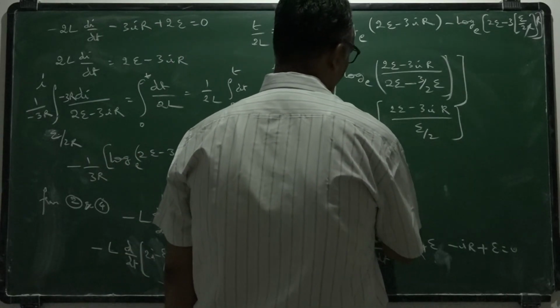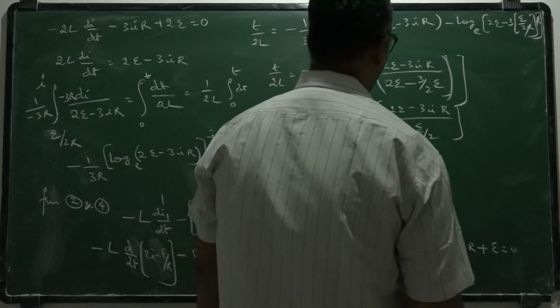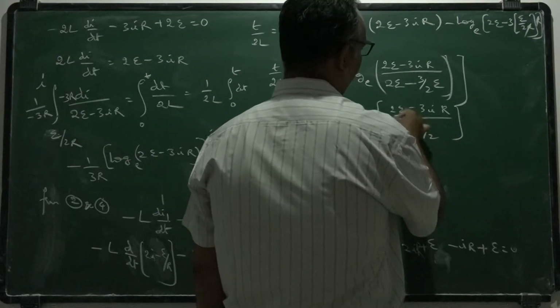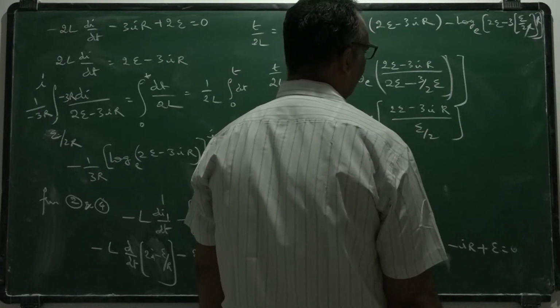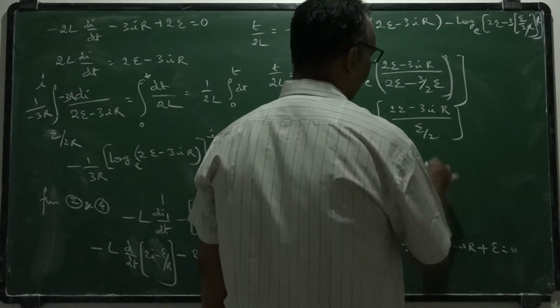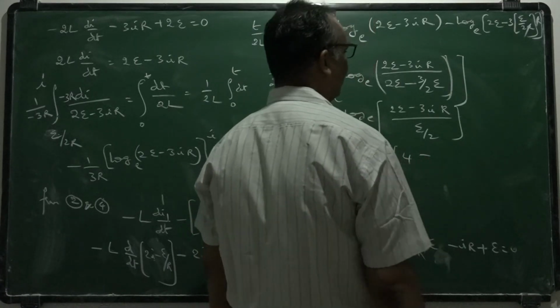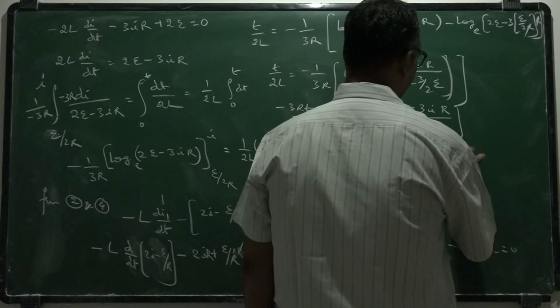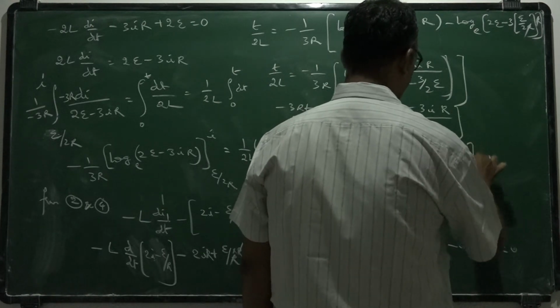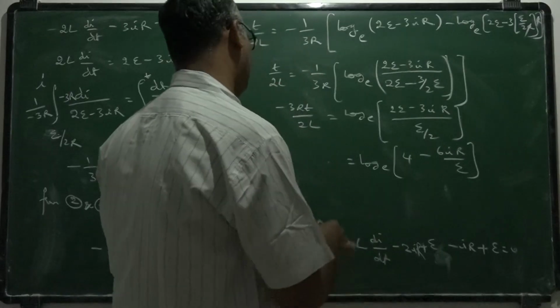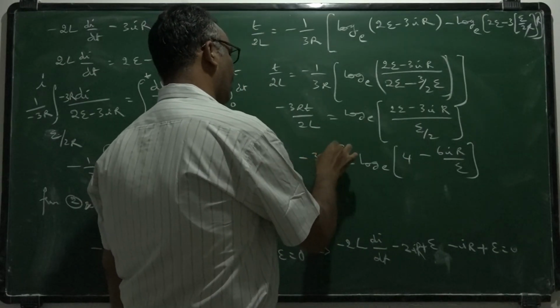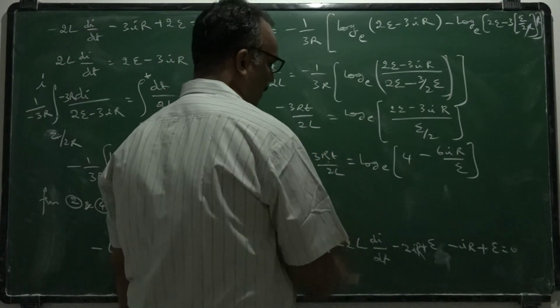If I simplify log e, it becomes 4. 2E by E by 2, E gets cancelled. 4 minus, if I take here 6IR by E, it is equal to 3Rt by 2L.